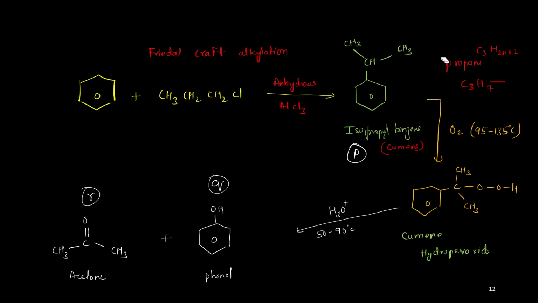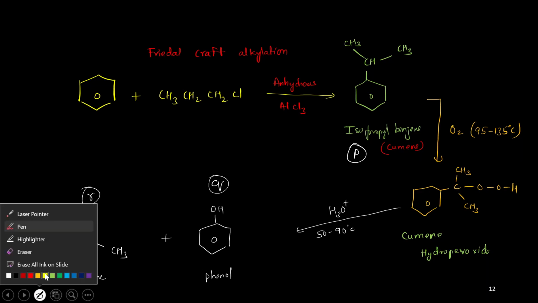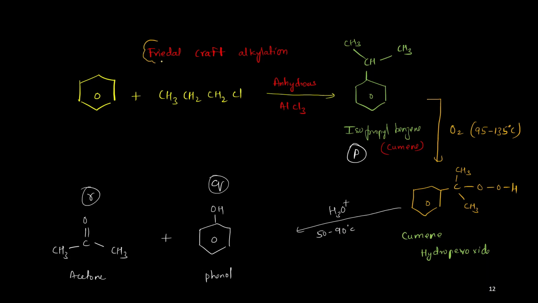Understood? So why do we call this an alkylation? Yes, sir. So remember, the benzene ring with propyl chloride in the presence of anhydrous aluminum chloride gives isopropyl benzene, which is also called cumene. That reaction we call a named reaction, Friedel-Crafts alkylation, a very, very important named reaction.